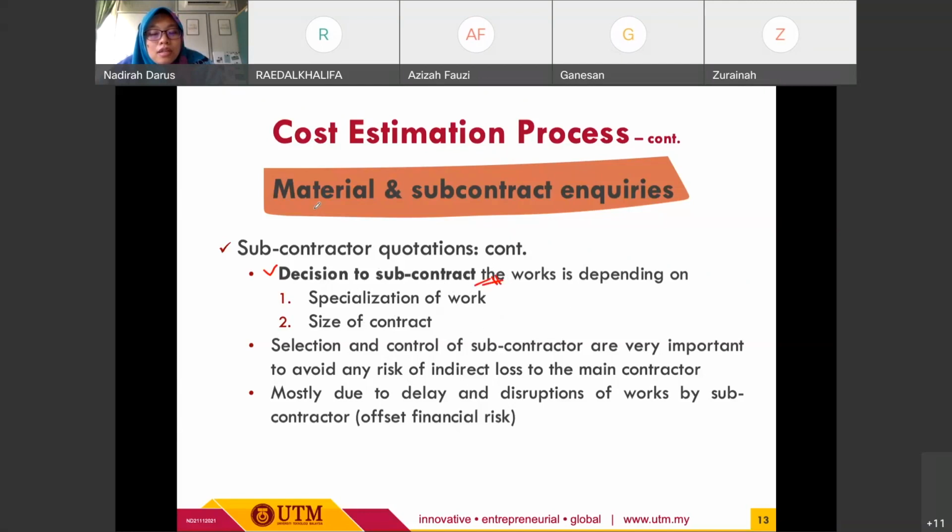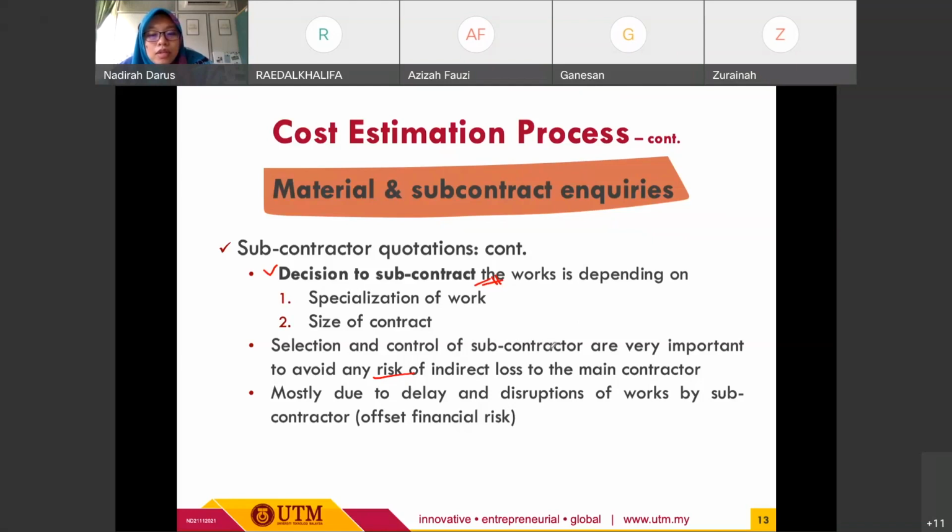And then this subcontracting is actually a big concern, because it is very important in avoiding any risk of indirect loss to the main contractor. So that's why the main contractor needs to properly select and properly control the subcontractor, so that they can control the overall progress in terms of the financial and also the physical progress, which is the percentage of work done.